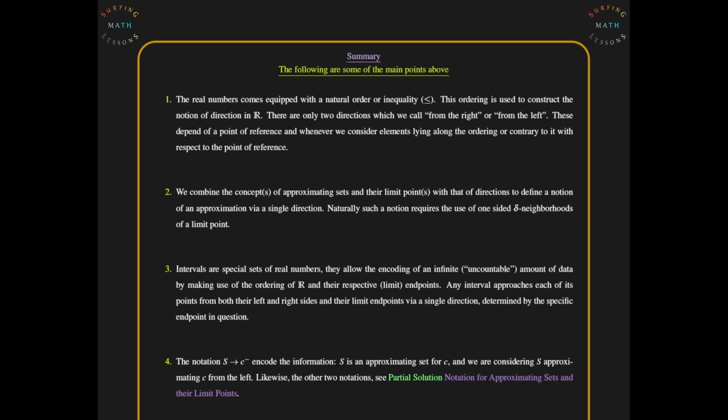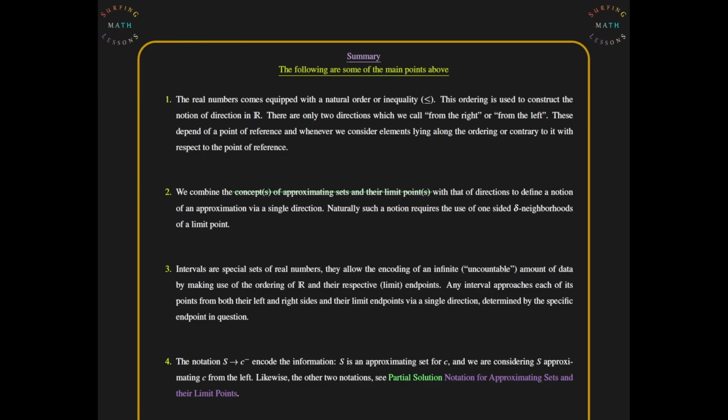First, the real numbers come equipped with an ordering given by the inequality less or equal to. We use this inequality to define the notion of directions on the real line. There are only two directions which we define to be from the right or from the left of a reference point.